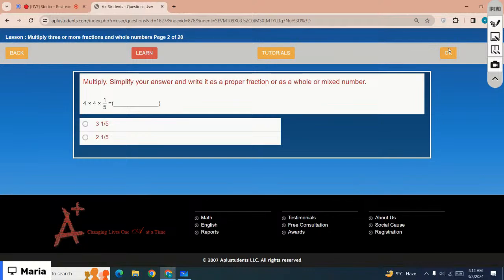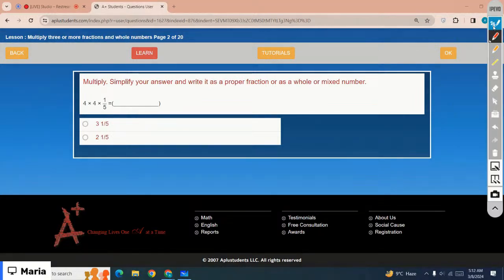Okay, 4 times 1 over 5. So which is the correct option? You have to multiply the whole number times the fraction. So just multiply all the numerators, their denominators are 1, right? That is 4 by 1 times 4 by 1 times 1 over 5. So just multiply all the numerators and all the denominators, right? That is 4 times 4 is 16 and 16 over 5.